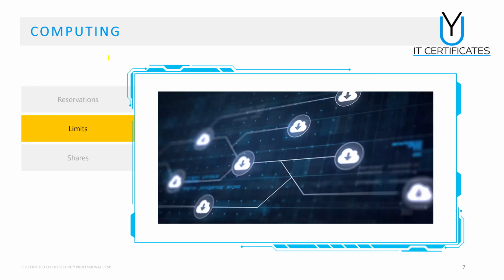When we come to limits, it is on the opposite side. It is the maximum resources provided by the cloud service provider. Why do you need to have, in some situations, limits or maximum resources?